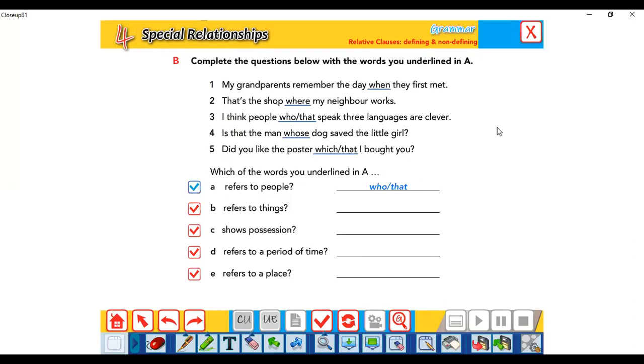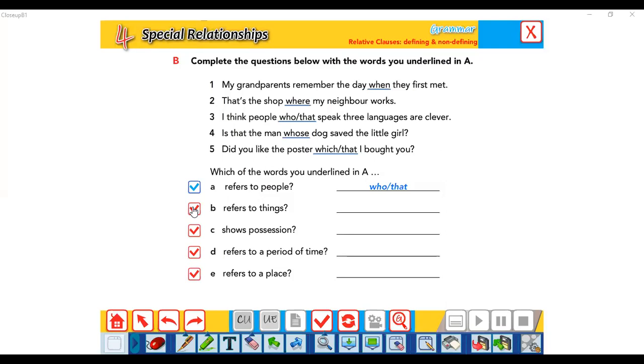Yes, Layla. Whose? Whose. Yes. We use whose to refer to people; I can say, this is my friend whose mother is a doctor. We can use it with people.